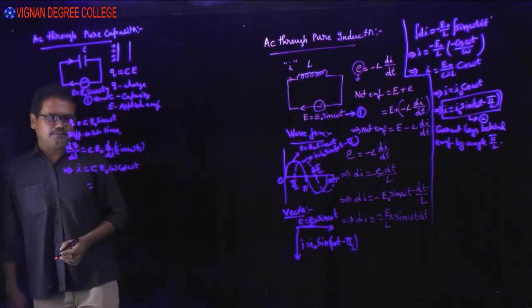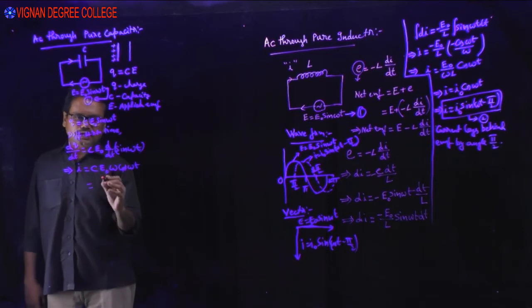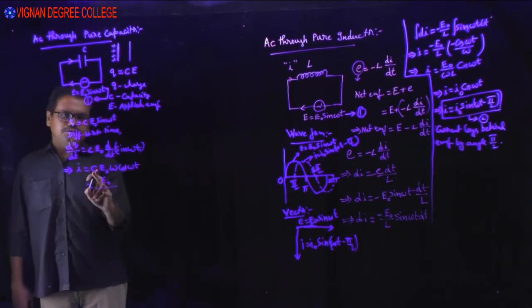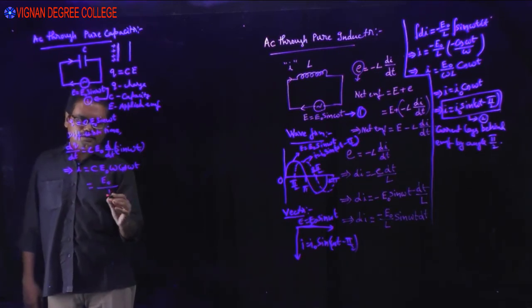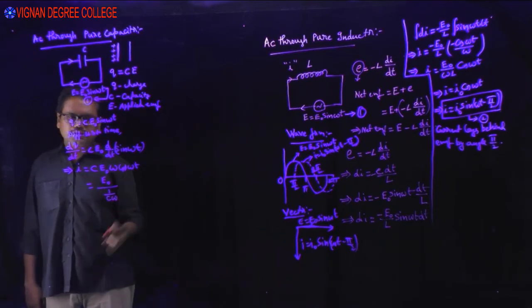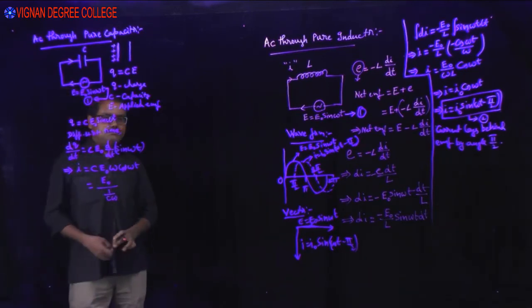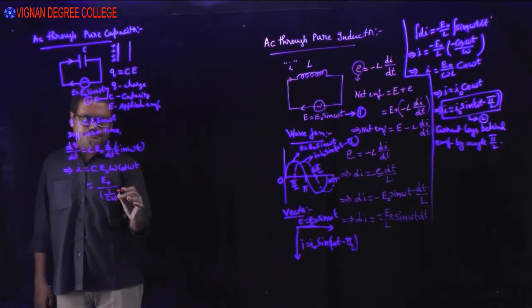That implies I is equal to E naught, this C into this omega, is representing like E naught divided by 1 by C omega, cos omega t.